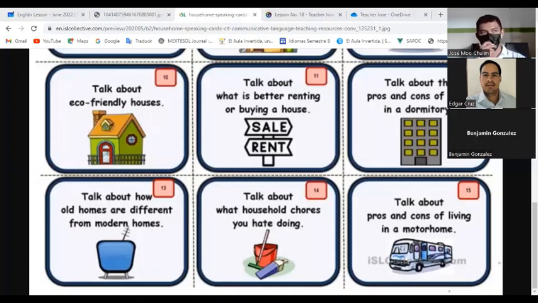Okay, I understand. You mentioned that you can travel anywhere with this kind of motorhome. For example, the beach, the forest, and also the mountains, right? Yes. And the con is that it can't be so comfortable because you won't have enough space, right? Yes. Okay, excellent, guys.